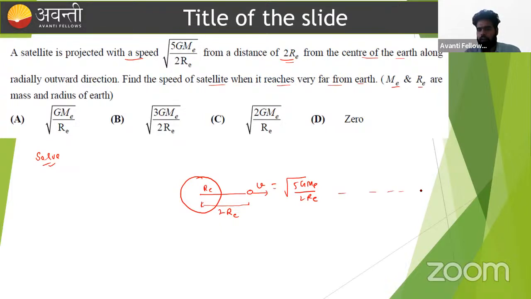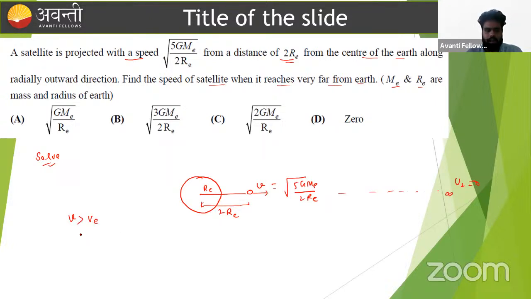What is the meaning of very far? We can assume it reaches infinity. If it reaches beyond the gravitational field of Earth, the final potential energy U2 will become zero because there is no interaction. But if we look at the data, the velocity given to the satellite is greater than the escape velocity.